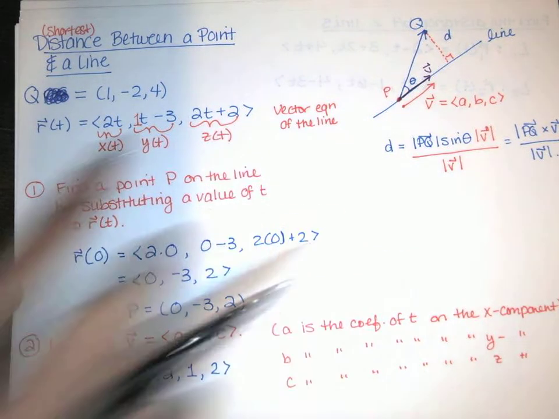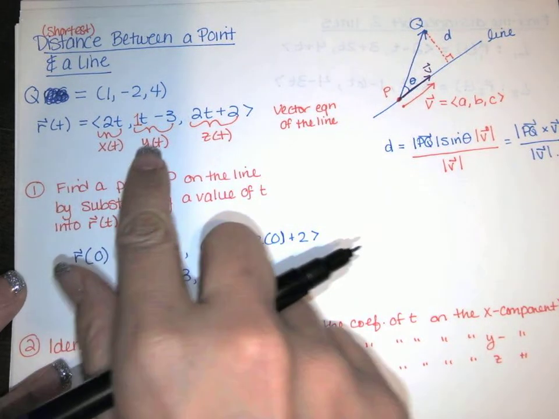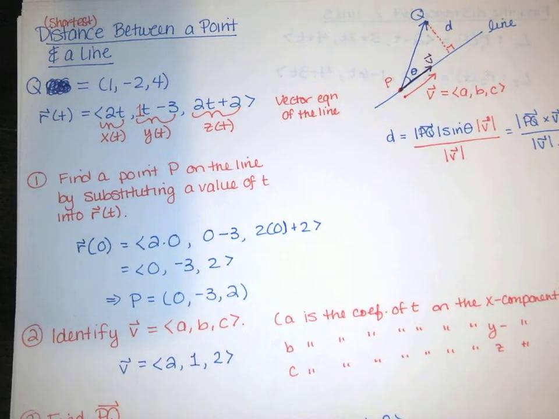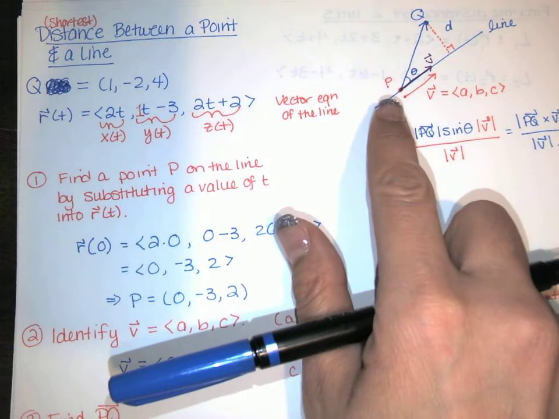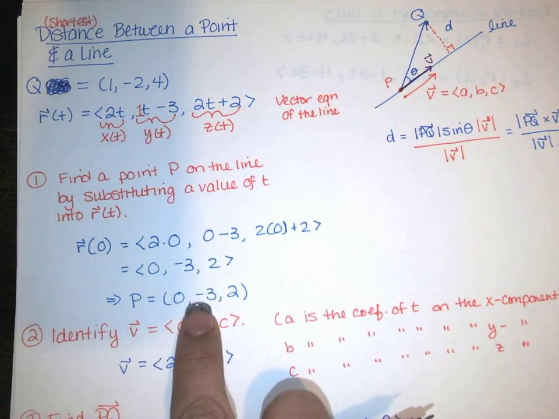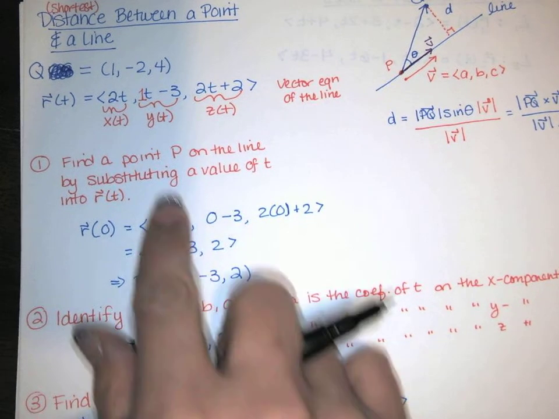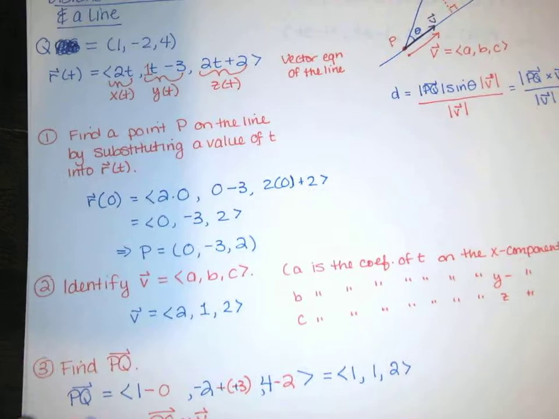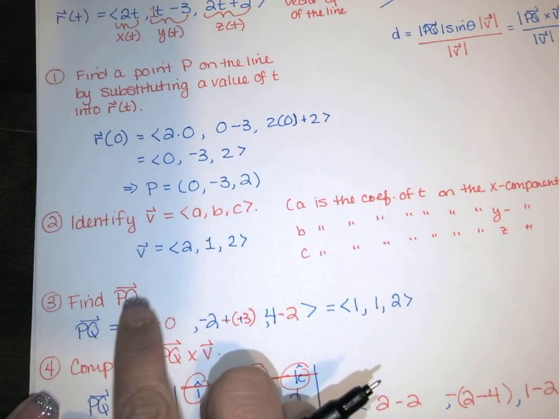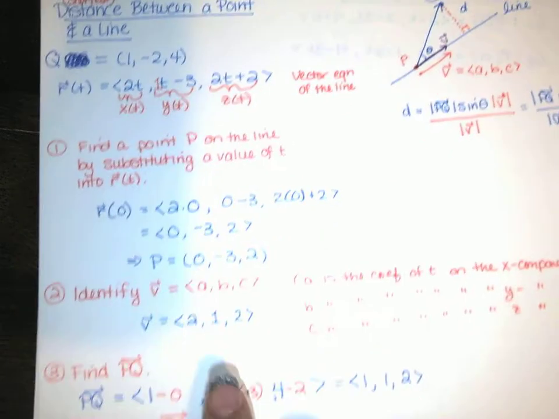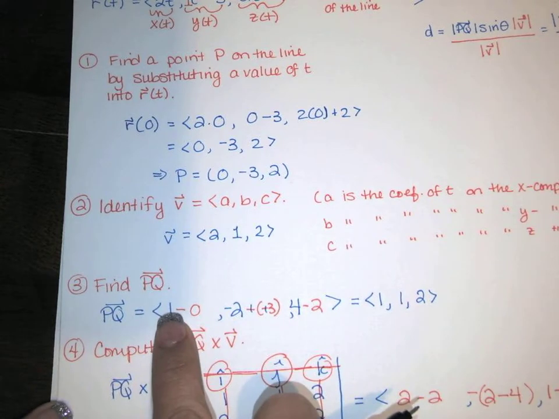With the vector equation of the line, you identify the x, the y, and the z, and then you go on from here. First, you need a point P on the line, so substitute a value of t to get a point P. Identify V by reading off the coefficients of t in your x, your y, and your z. Find the vector from P to Q. You found P, you were given Q, so you find this.